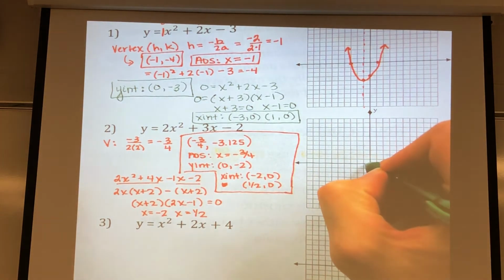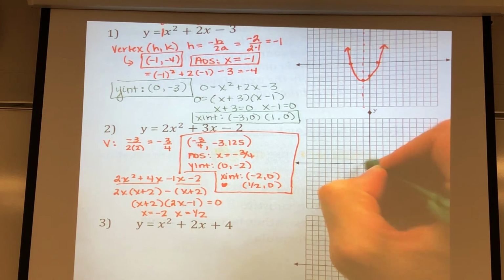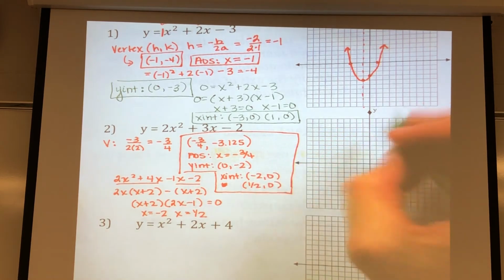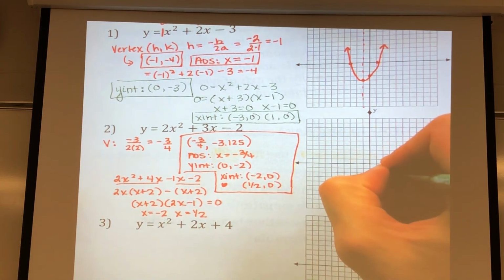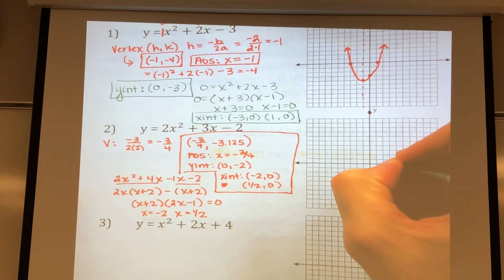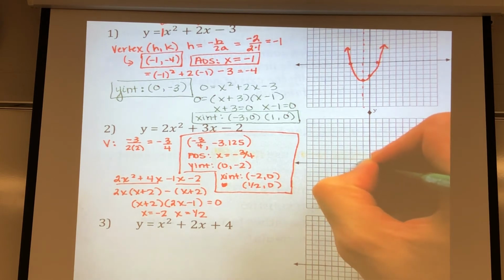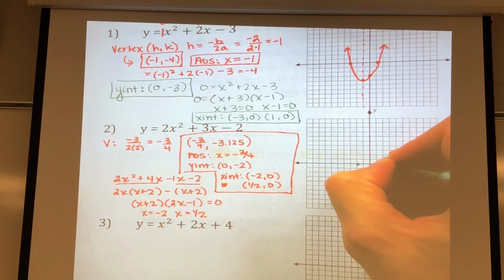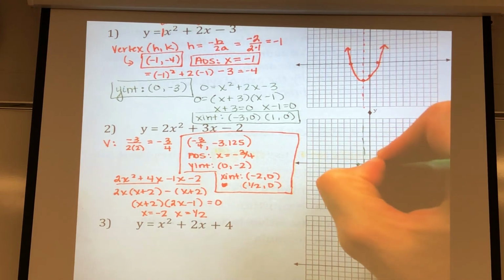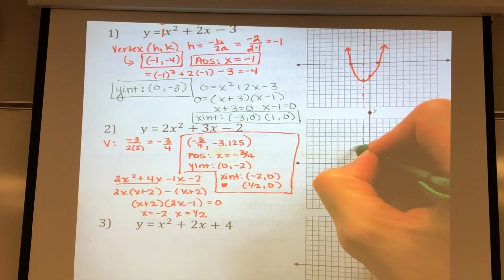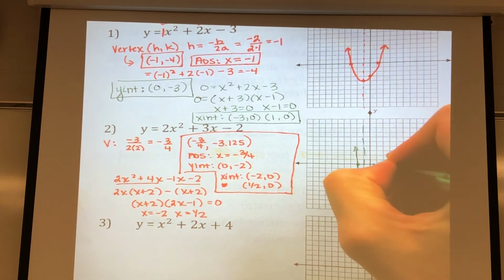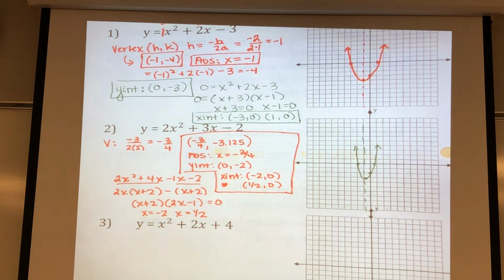Graphing -3/4, that's -0.75, so just not over half, but not quite all the way to -1, and then a little past the 3. The x and y intercepts are a little bit easier to graph, thankfully. -2, 1/2. Now remember that axis of symmetry is that dotted line down the middle. Got a skinnier graph here because of that leading coefficient of 2. Had a vertical stretch.